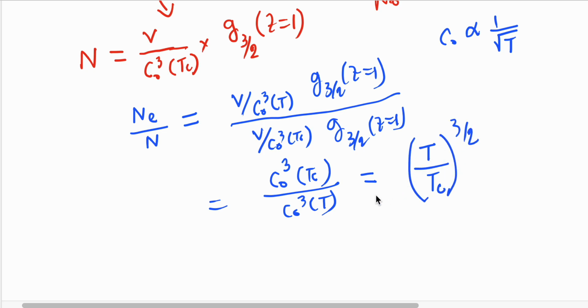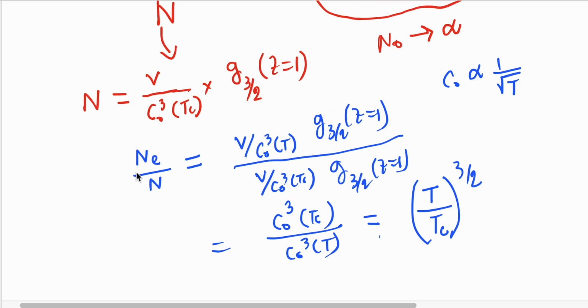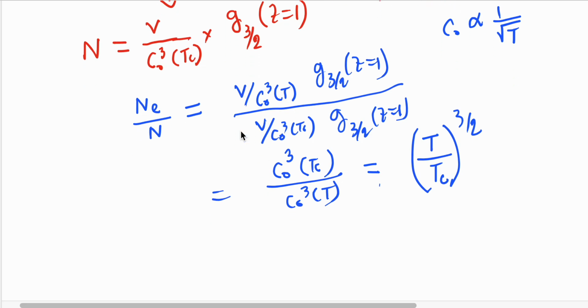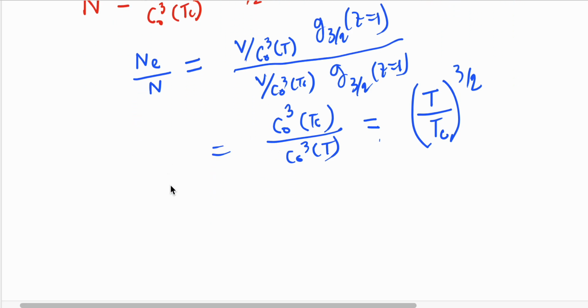Now we can calculate how many particles at any temperature T will remain in the excited state. So how many of them will remain in the ground state? N0 at temperature T will be N minus Ne.